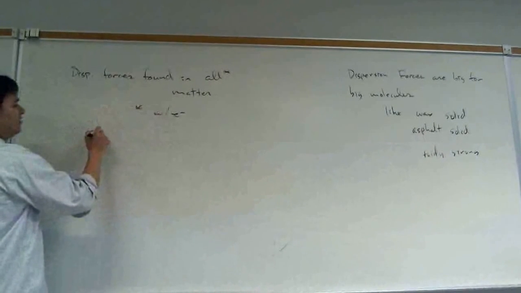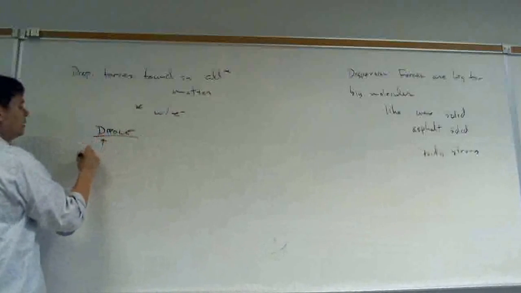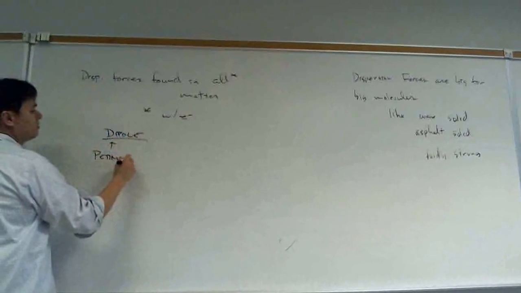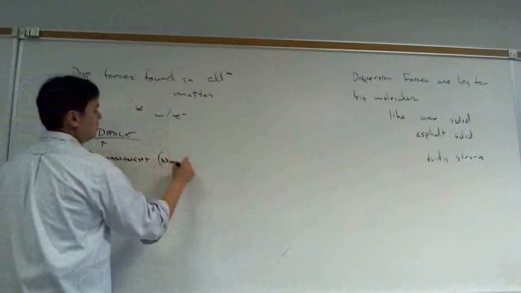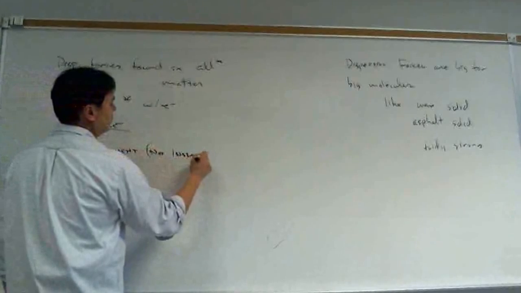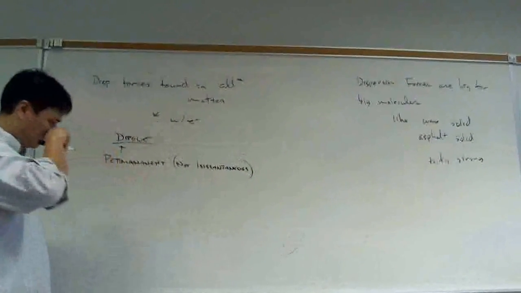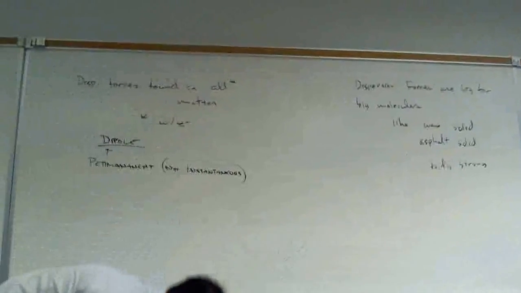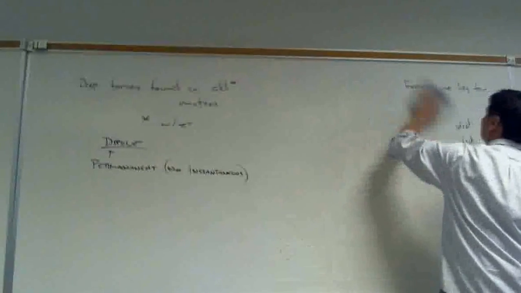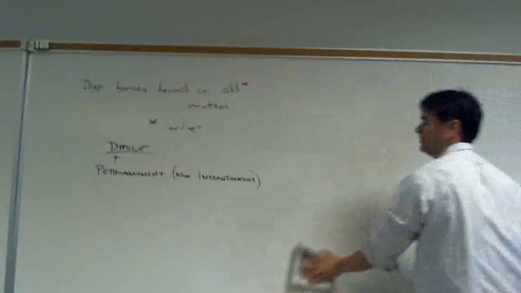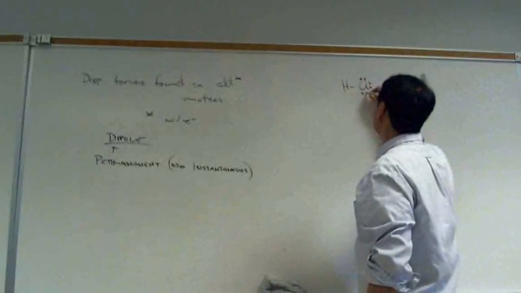And so the next type of force is called dipole. And here we need a permanent dipole, not an instantaneous. That's the second intermolecular force. There are only three. So if we look at HCl, HCl has a permanent dipole moment.